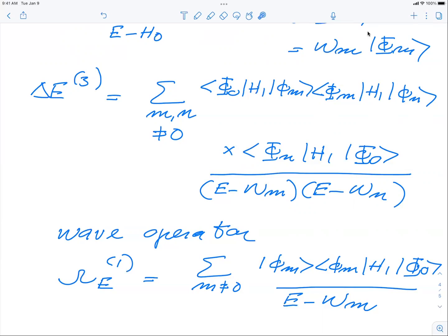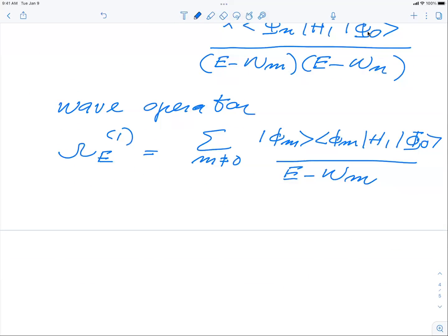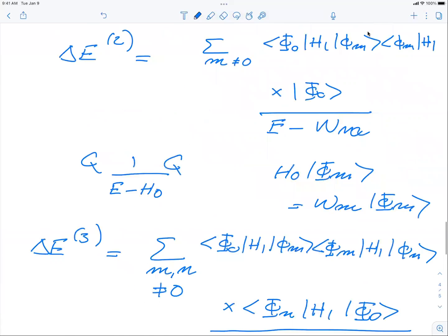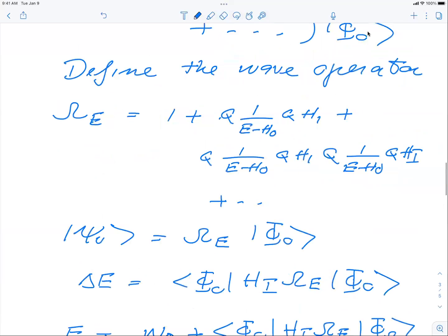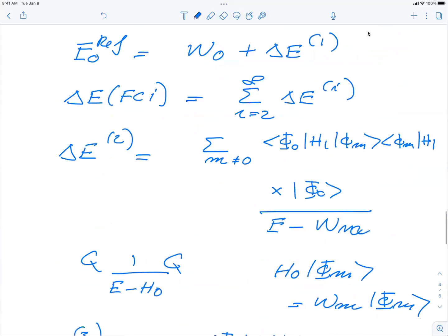Okay, so the thing which we didn't say anything about is actually Rayleigh-Schrödinger perturbation theory. So if we go back to that, let me just say one thing before I forget, because we can rewrite the Brillouin-Wigner perturbation theory results in a more compact way. And this is something which I'm going to leave as an exercise to you. If you look at this sum up here, you can actually resum this delta E, and you have a much more compact expression.